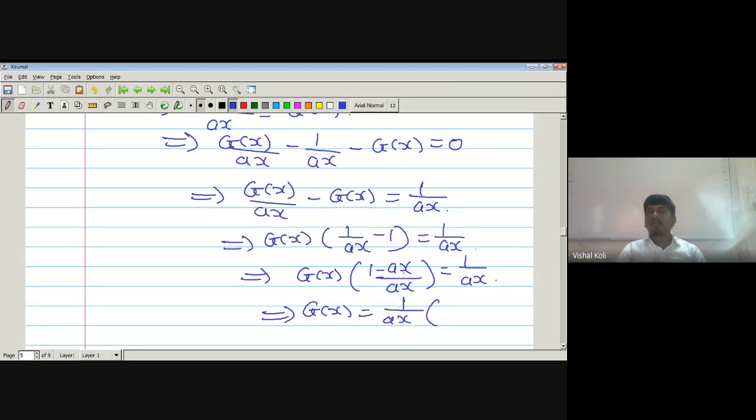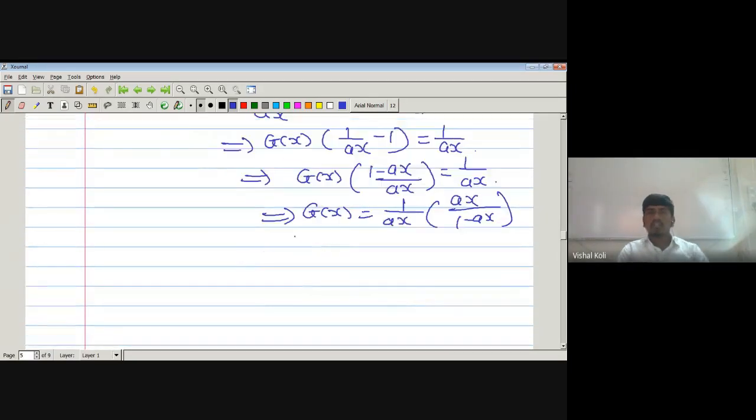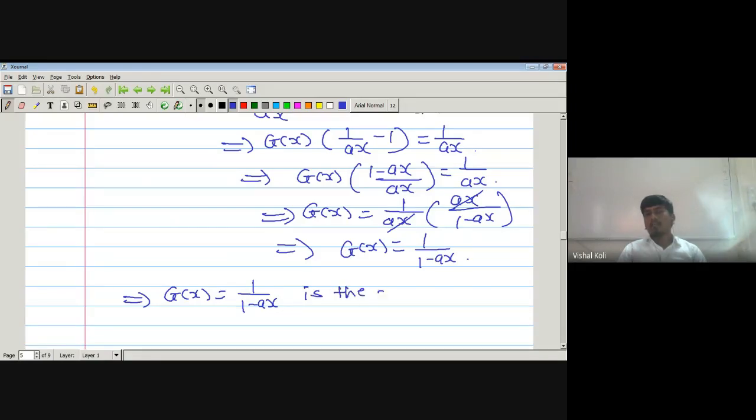And as we have multiplied both sides by ax divided by 1 minus ax, this ax gets cancelled. g(x) is nothing but 1 upon 1 minus ax, and we know that g(x) is the generating function, which implies g(x) is equal to 1 upon 1 minus ax, the required generating function.